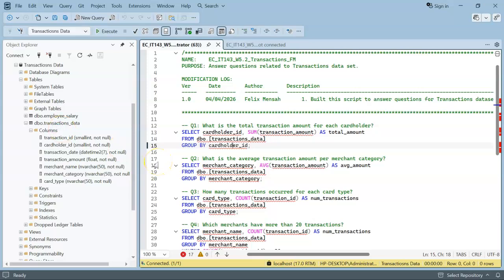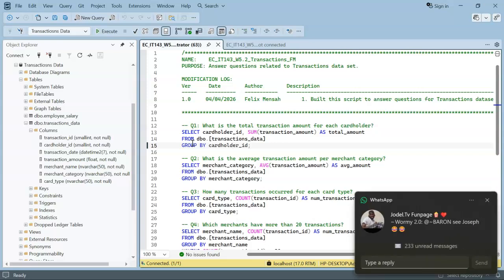All right, the first question we are going to break down by what, why, and how, and also give the explanation. The first question was the total transaction amount per cardholder. What? We use it to find the total amount spent by each cardholder. Why? To identify high value customers and understand spending behavior. How?